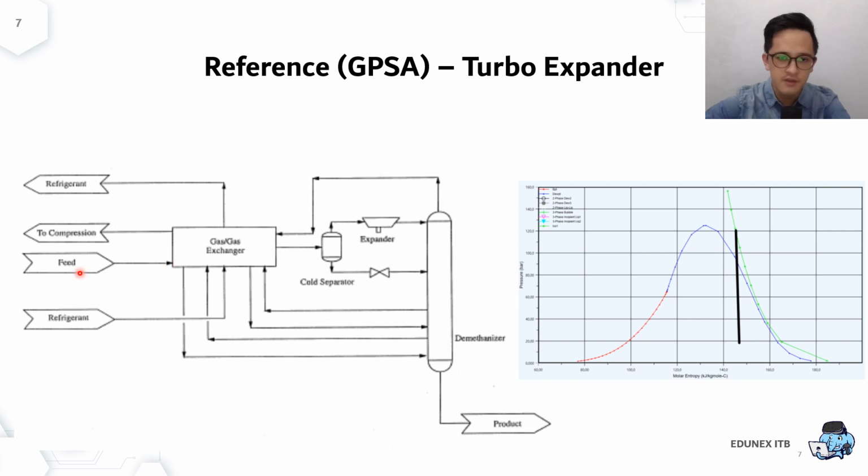In this case, the feed first will go into the gas-gas exchanger, and it usually combines with a refrigeration cycle as well. That means it involves some cooling into a very cold temperature or cryogenic condition. After this cooling process, it will be sent to a cold separator where the gas is sent to the expander, and this is the main turbo expander or the isentropic expansion process.